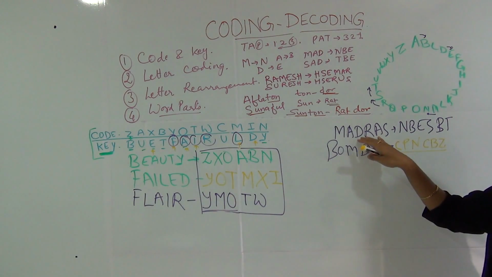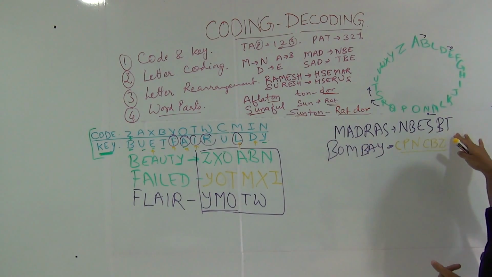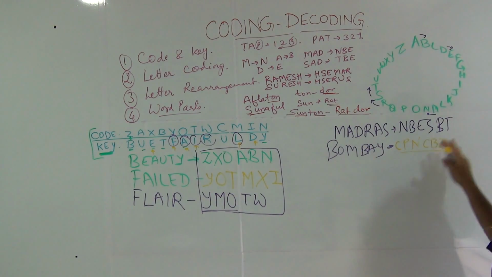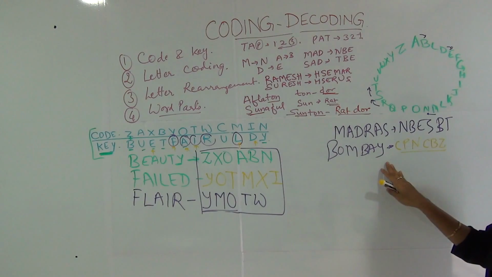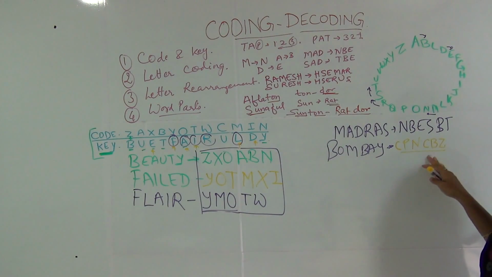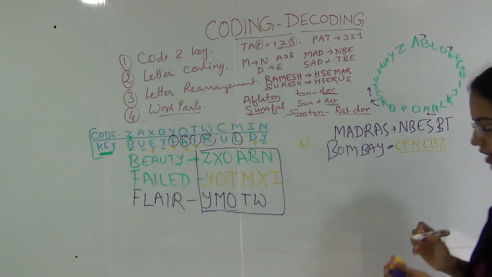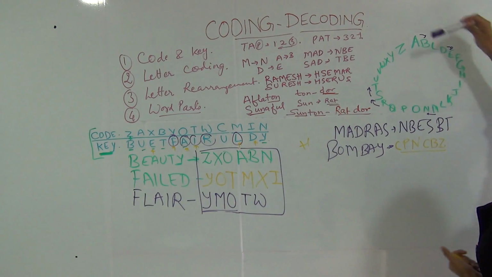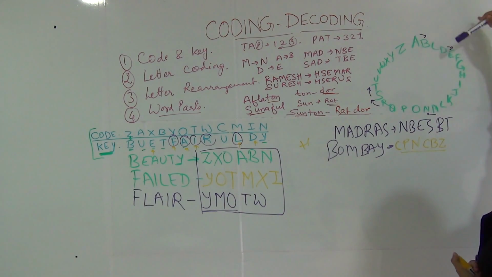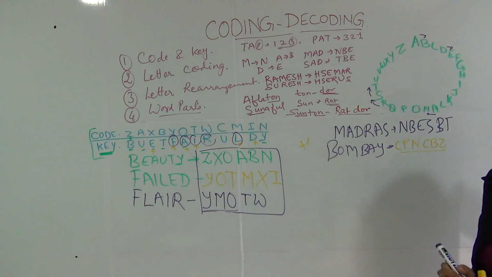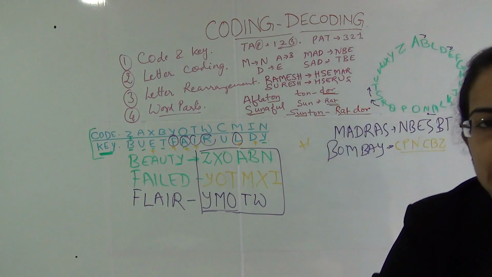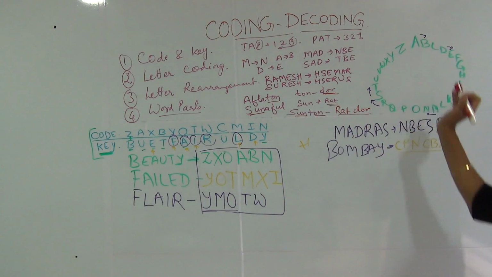If the letter coding for Madras is given as NBESBT, the letter coding for Bombay would be CPNCBZ, because I am adding one letter to each of these. So A becomes B, B becomes C, C becomes D, and so on. So this was the first question that we did under letter coding.